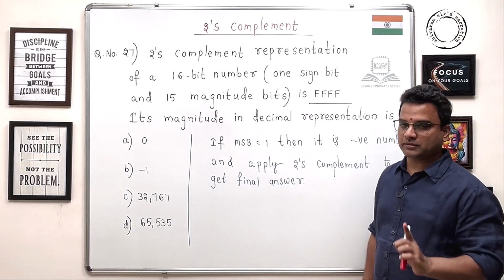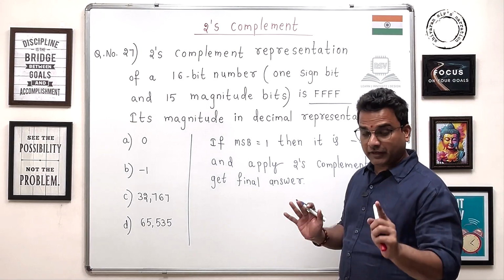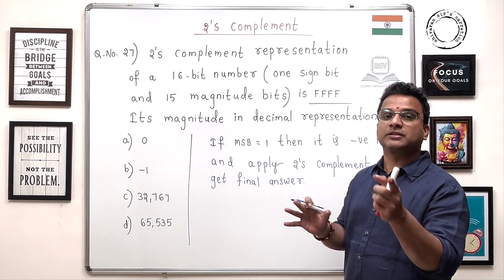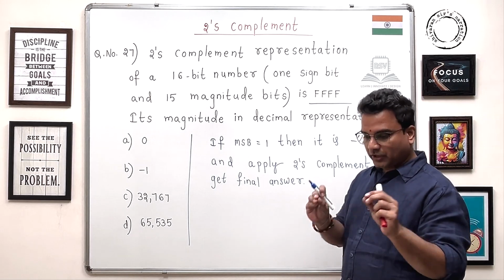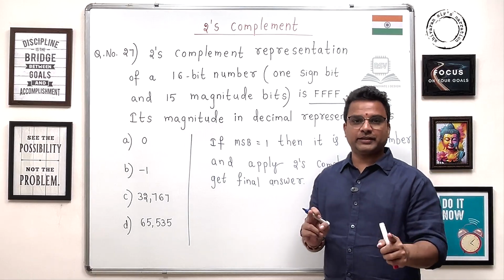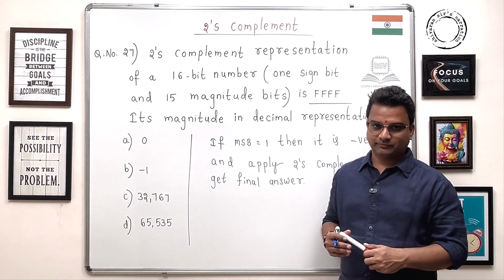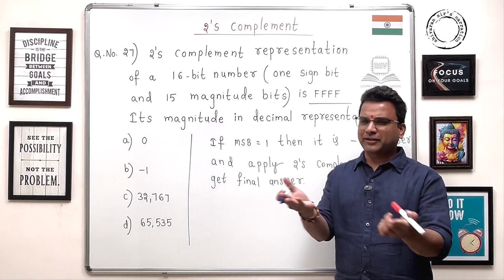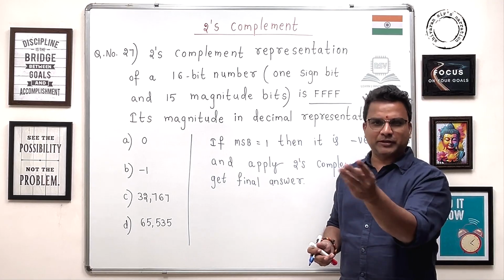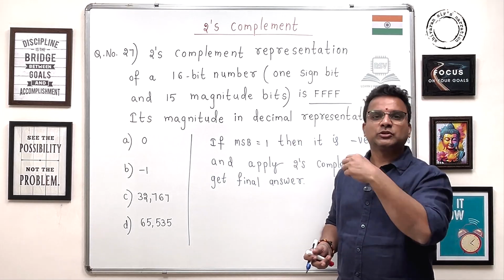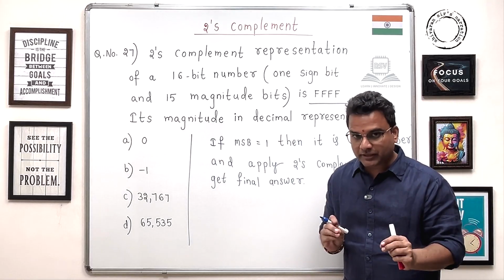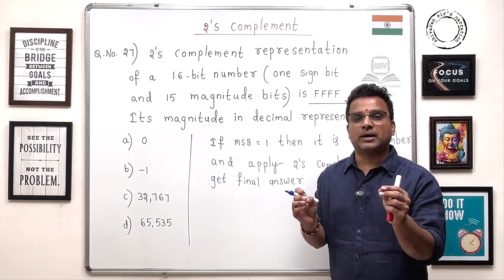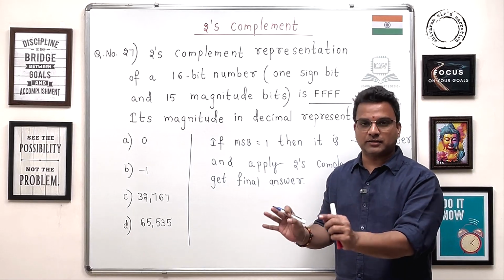Whereas if the MSB is 0, then what is the procedure? If the MSB is 0, it is a positive number. Then you just convert binary to decimal, so you will get the answer easily. I mean to say, no need to apply 2's complement to get the final answer.